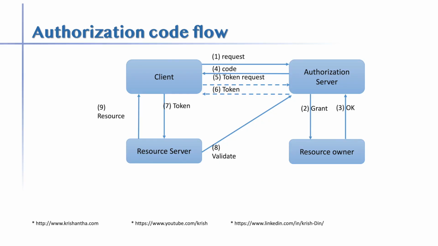What we're discussing here is the authorization code flow. This is ideal when the resource owner, I mean me, doesn't trust the client. For example, let's say in my company there is something like a rave application. I can appreciate someone by sending them a rave saying, hey, you did a great job. But if they ask for my Facebook profile to log in to the rave application, I don't like to give it.